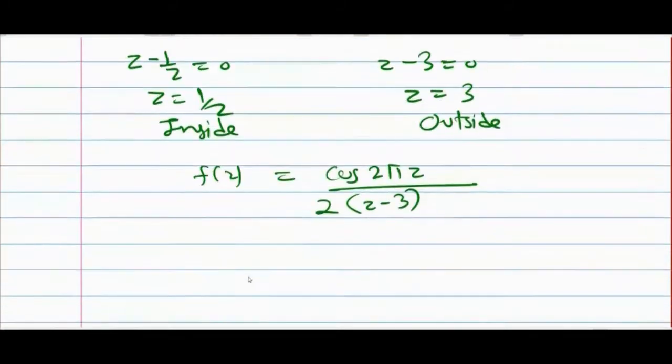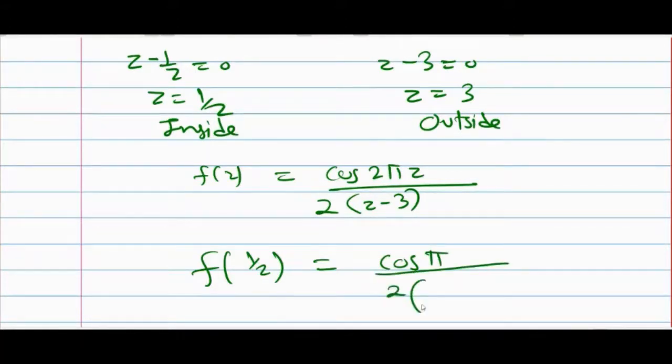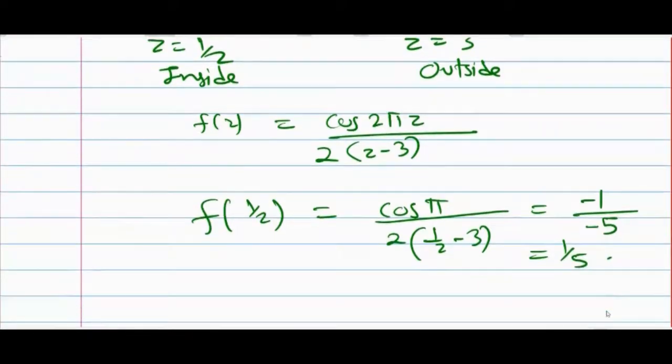This we will calculate at the inside point, 1 by 2. This becomes cos pi, 2 to cancel. Z की जगह पे 1 by 2 put कर रहे हैं, 2 into 1 by 2 minus 3. Cos pi is minus 1 and this is minus 5 by 2, that means minus 5. Minus minus cancel, that means 1 by 5.